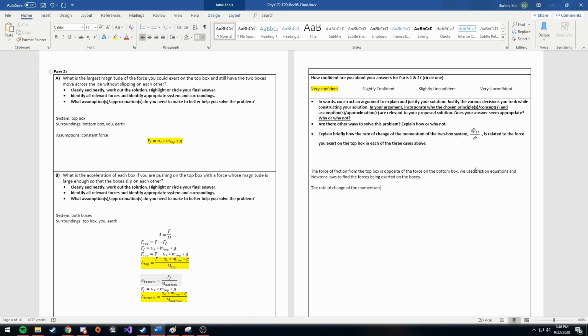So the rate of change of momentum is F net, and then you subtract the force that you apply to get the friction. Neat.